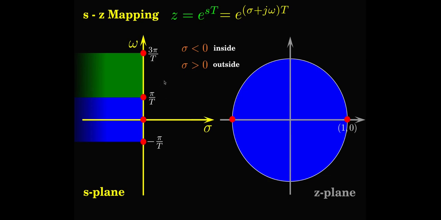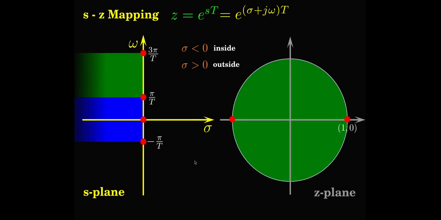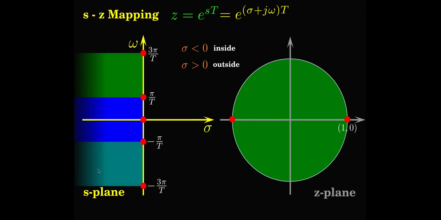So you will see that all the points to the left of that will map within the unit circle. Again here sigma less than 0. And then if I take minus 3 pi by t, all the points to the left of that will map within the unit circle. So all the points which are there within the unit circle is called the stable zone.